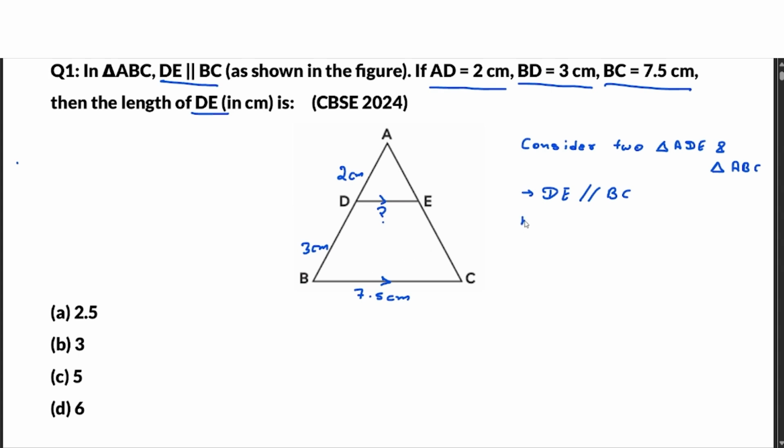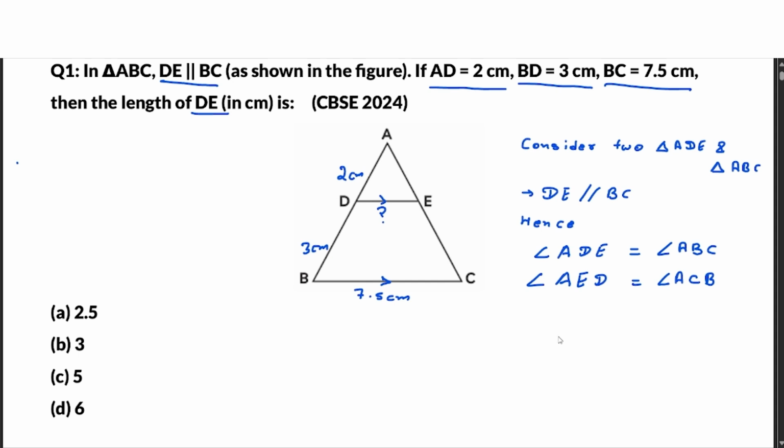Hence angle ADE of triangle ADE is equal to angle ABC, and in the same way angle AED of triangle ADE is equal to angle ACB.